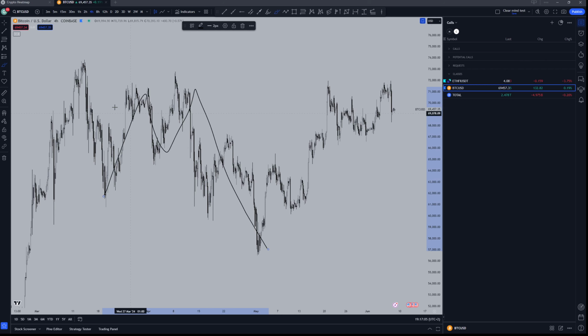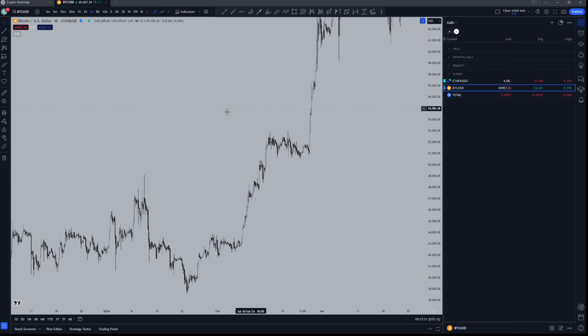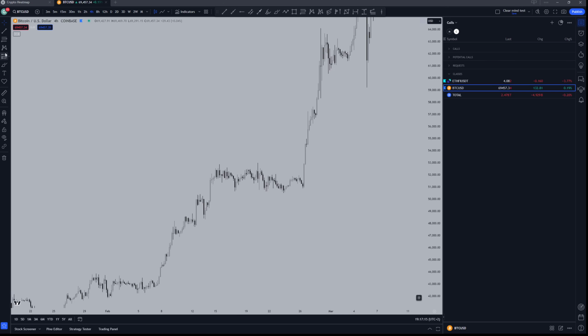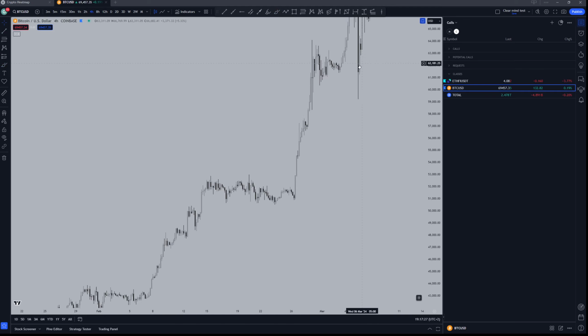This is why harmonics are very useful in range-bound markets, because you will very often find price structure like that. If you look at this part of the price action, you can't really find an M shape or a W shape. So it's very hard to find them in up-only markets.